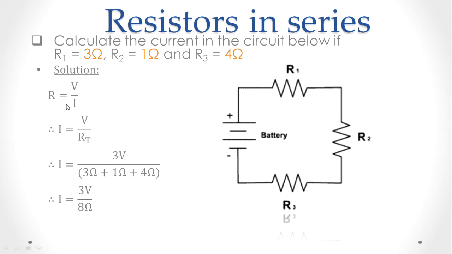You can substitute it into this formula if you want to, and then you can work it out afterwards. Anyway, so you substitute your values in and you add all your resistors together just like that, just 3 plus 1 plus 4, and total of 8, 3 divided by 8, and it gives you your current, and that is your total current.